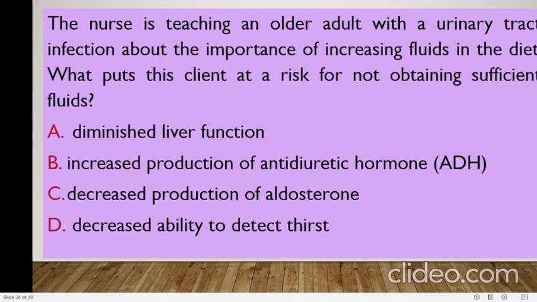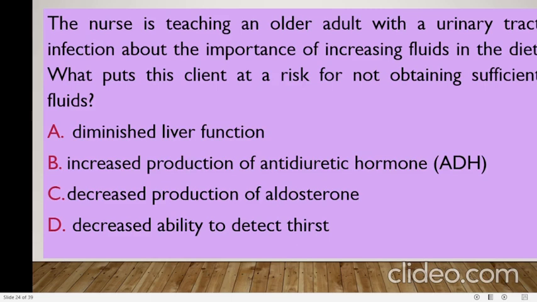C: Decreased production of aldosterone. Yeah, decreased aldosterone, but do you have decreased fluid intake from that? So the question was, what puts this client at risk for not obtaining sufficient fluids? What do you think of D, decreased ability to detect thirst?